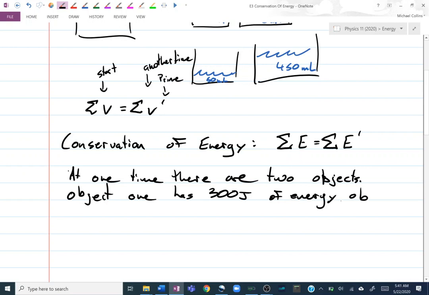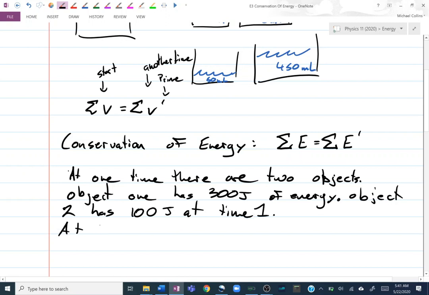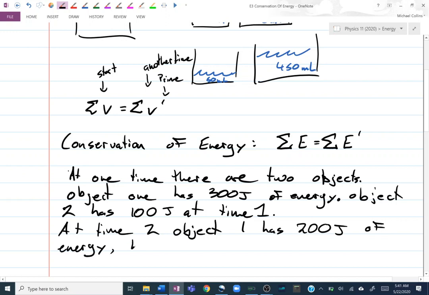Object 2 has 100 joules of energy at time 1. At time 2, object 1 has 200 joules of energy. How much does object 2 have?